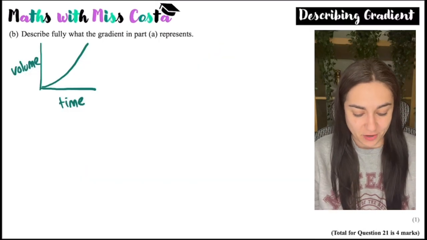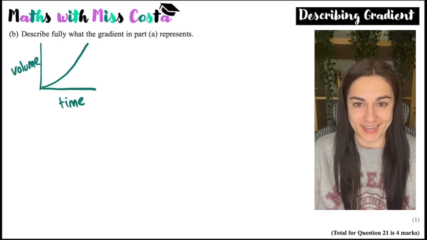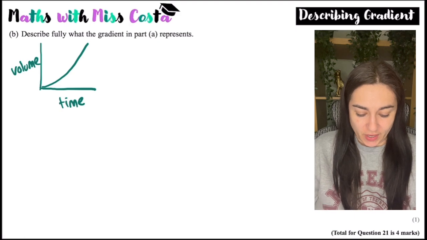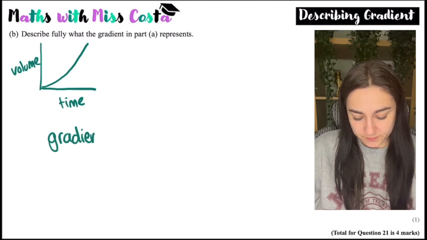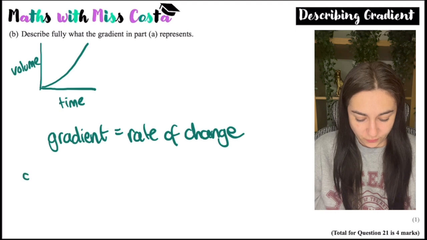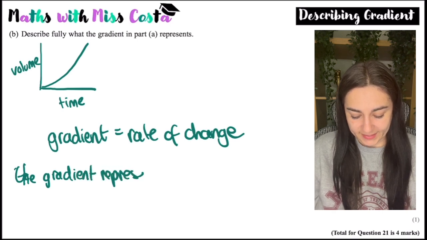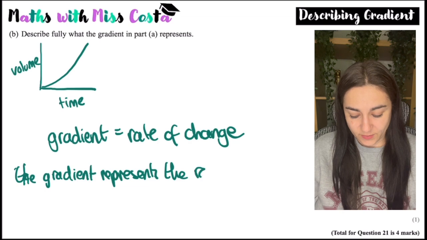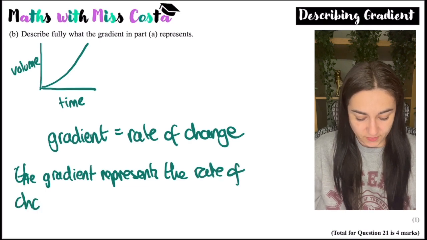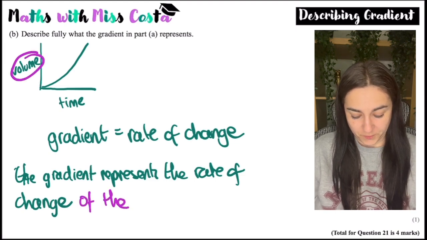Okay, so here I'm now being asked to describe fully what the gradient in part A represents. So I've just drawn a little sketch of the graph. So gradient in general represents the rate of change. So put into the context of this graph, the gradient of this graph represents the rate of change of the volume.